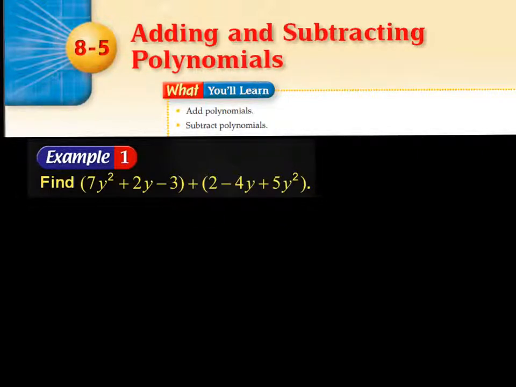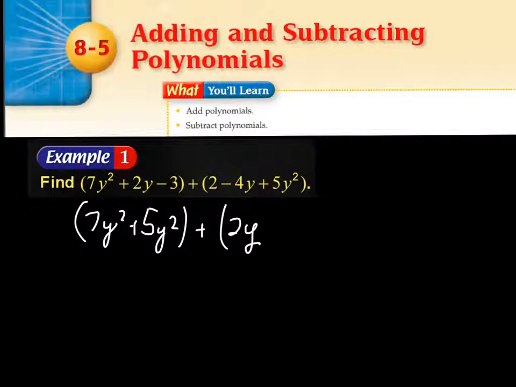So we're going to group our like things together. I've got 7y squared and 5y squared. And for the y's, I have 2y and a minus 4y.